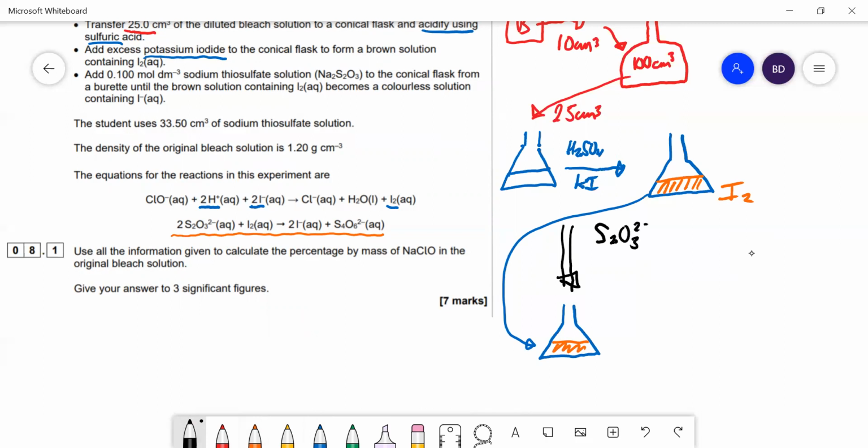The concentration of the thiosulfate, it tells us, is 0.1 mole per decimeter cubed, and the volume we're going to need is 33.5 centimeters cubed.